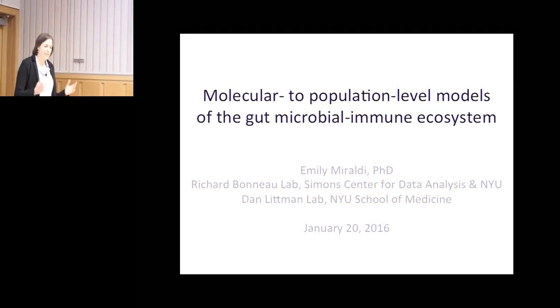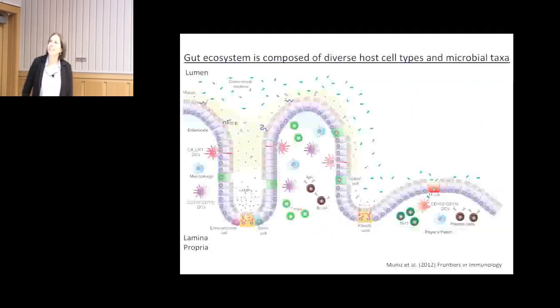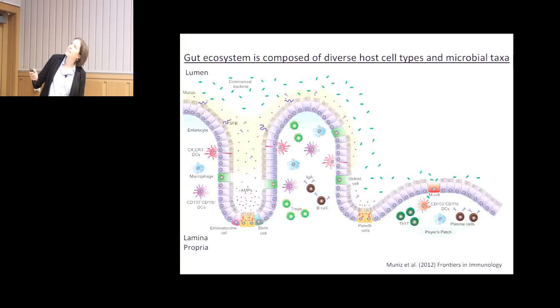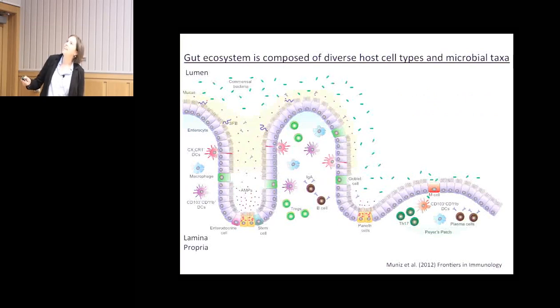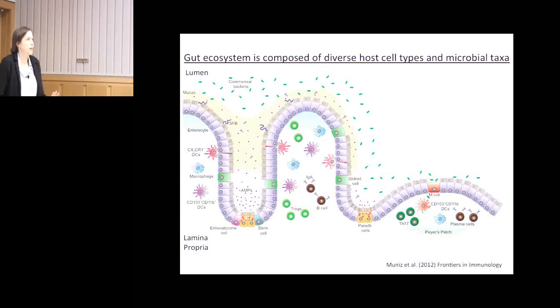And so just to start off, I'd like to introduce the gut ecosystem. So here we have a cartoon. And just to orient you, at the top we're looking at the lumen, so the contents of the gut. And then on the bottom, we're looking at the lamina propria, the lining underneath the gut. And then these are a line of epithelial cells that separates you from your microbial lumen content.